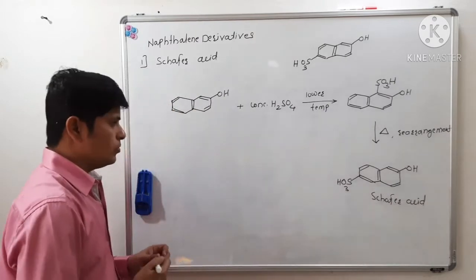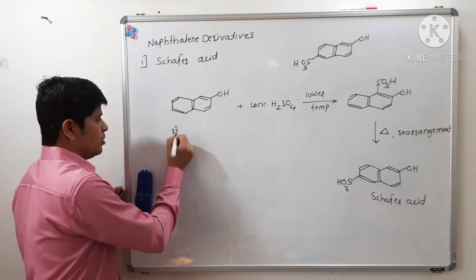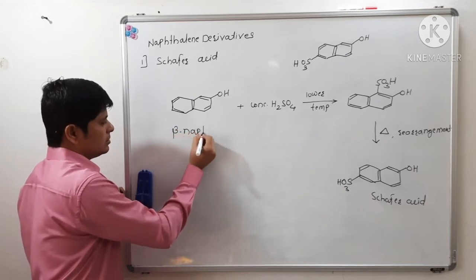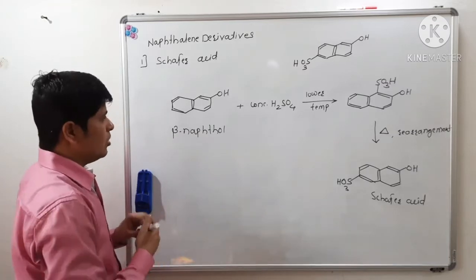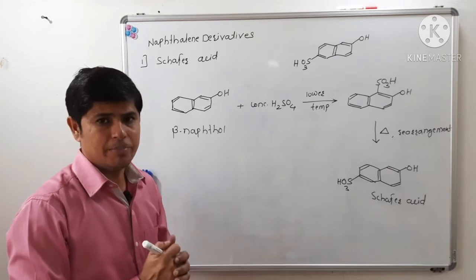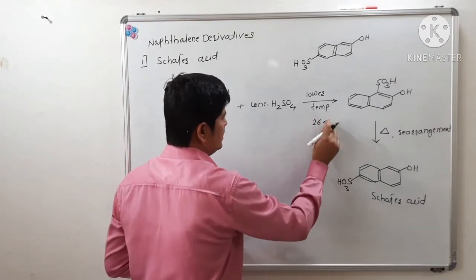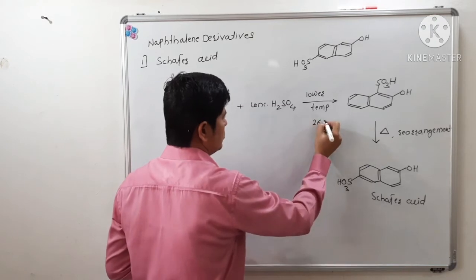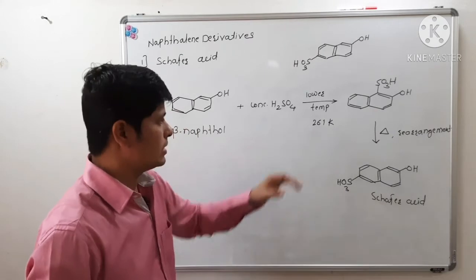So we can see again. This is beta-naphthol, or 2-naphthol. Beta-naphthol is reacted with concentrated H2SO4 at lower temperature, around 261 degree Kelvin. That much is the lower temperature.